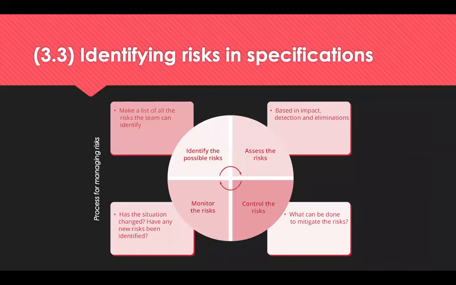Now, you need to think about identifying risks in a specification as well. The process for managing the risks is to identify them, assess them, control them, and then monitor them.